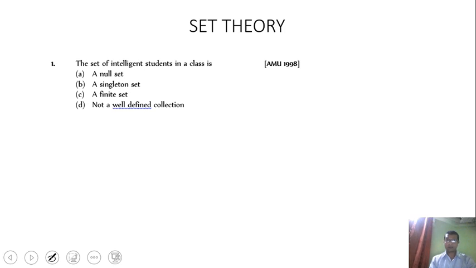There is no comparison, but we can see here that a set of intelligent students is a comparison between any two persons or groups of people. Therefore, it is not a well-defined collection. Option D is the right answer.